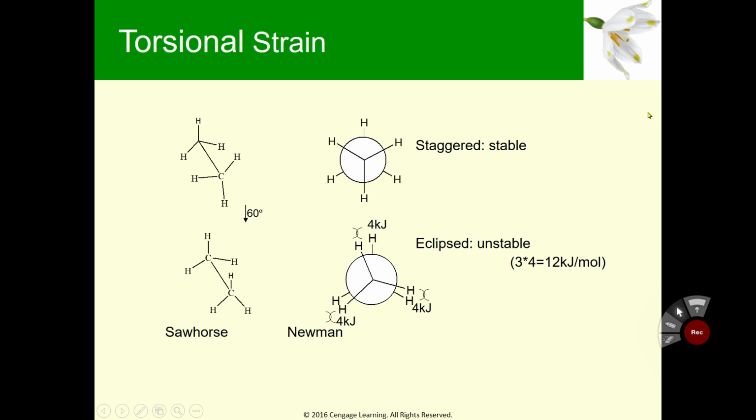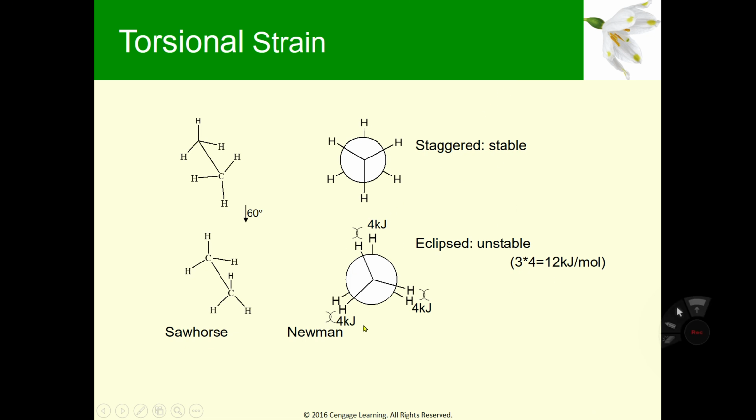Because of the repulsion between CH bonds, this structure will be higher in energy than the other structures. We call this the eclipsed structure because this CH is just eclipsed, all right? It's unstable. This is stable.